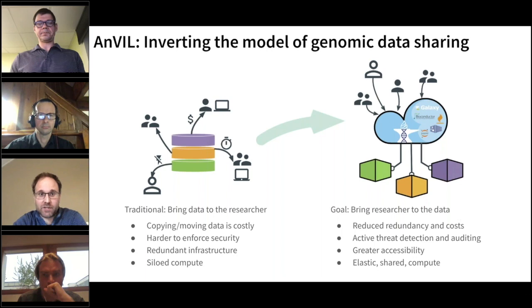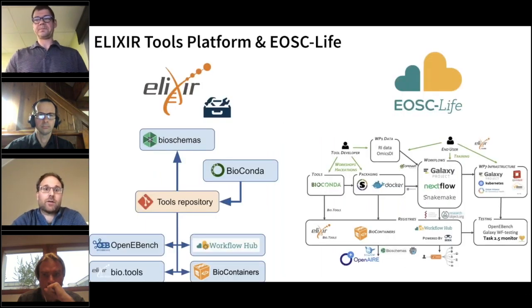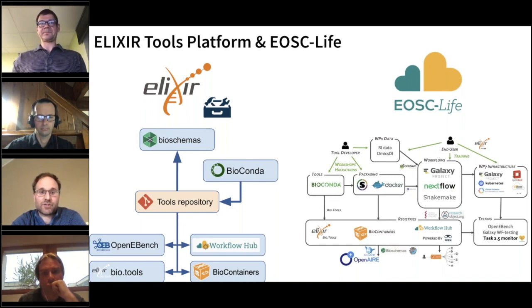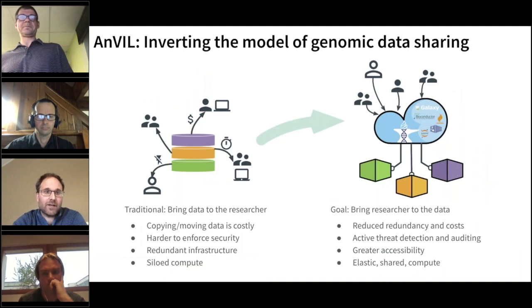But also EOSC-Life, which is the European project to drive the European Open Science Cloud in life sciences, has a strong activity in Galaxy, and a lot of the technical components underlying Galaxy are shared with what we want to do in EOSC-Life. On the US side, you have the AnVIL project, and this has similar goals as EOSC-Life in a way.